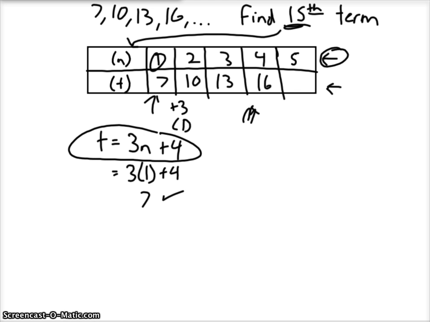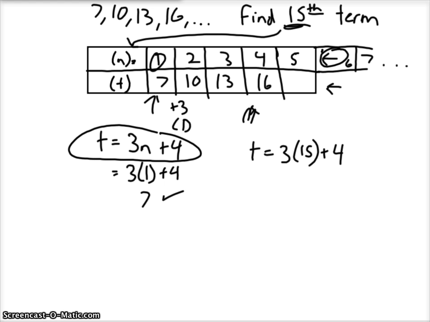What we can do is plug it into our equation. I'm going to do 3 times 15 plus 4, because 15 would be at the top. If we were going to make our chart bigger, this would be 6, this would be 7, going on and on. So it's in our n, our term number, so we know that we can plug it in for n.